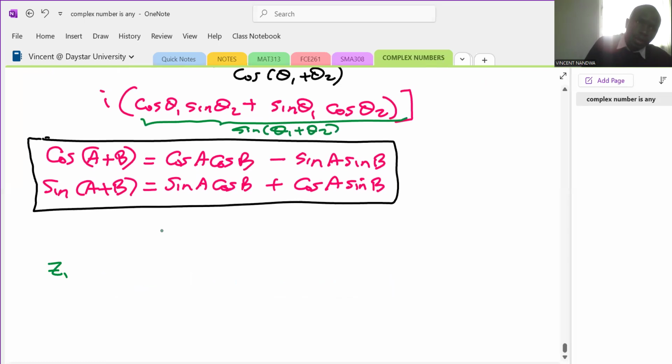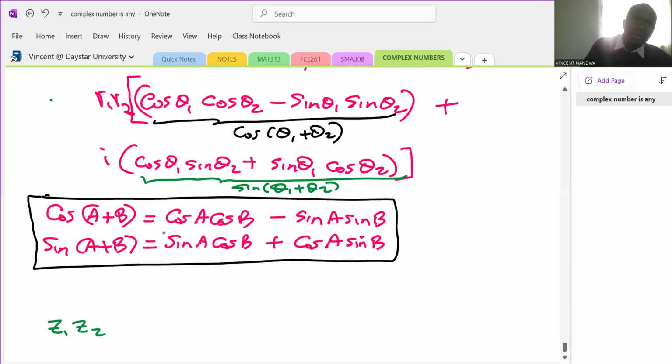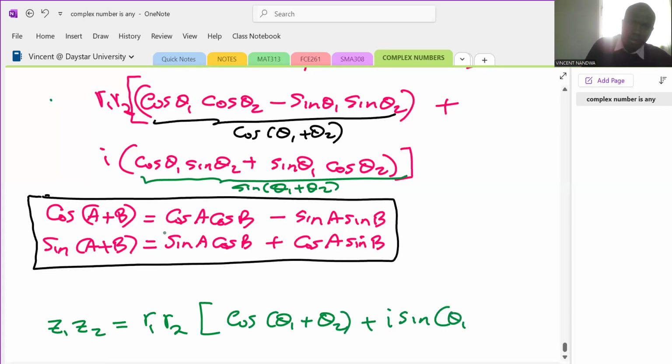So Z1 Z2 will be given by R1 R2 into cos(theta 1 plus theta 2) plus i sin(theta 1 plus theta 2).